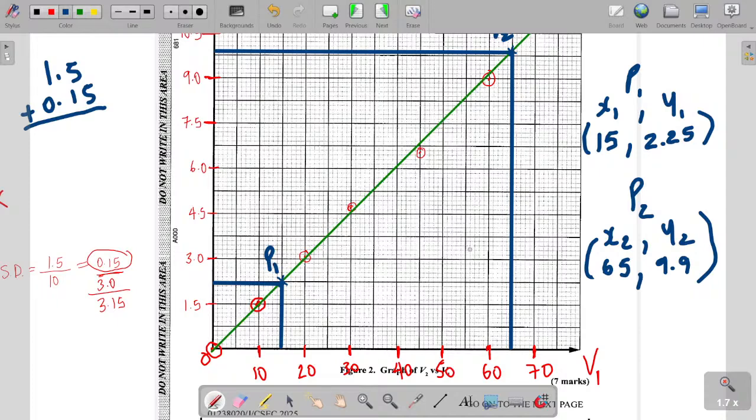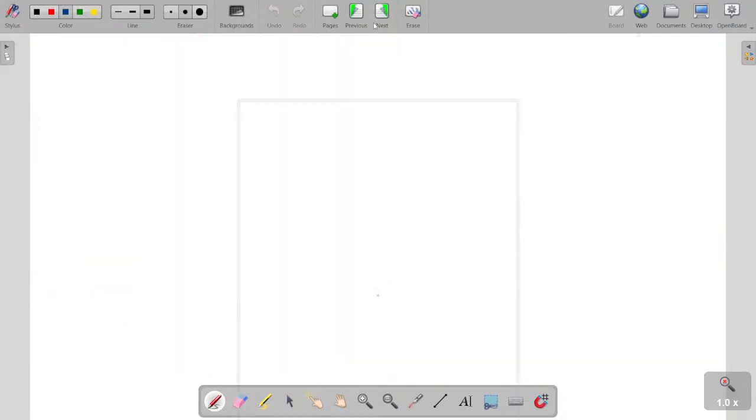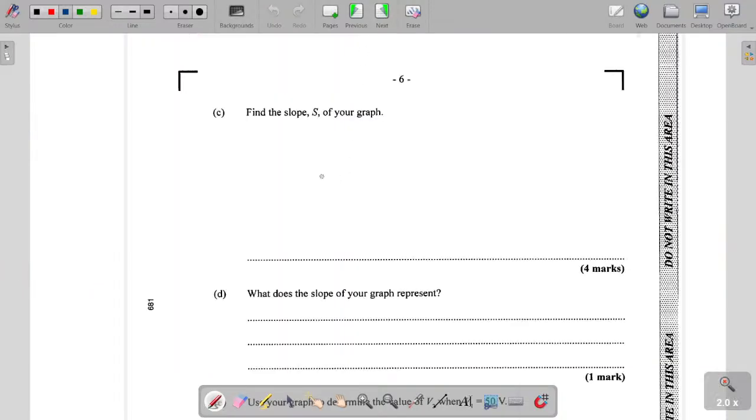Now we have all that we need to calculate the gradient, so we can go ahead and calculate it. We know that the gradient of a graph, or S, the slope, is equal to y2 minus y1 over x2 minus x1.